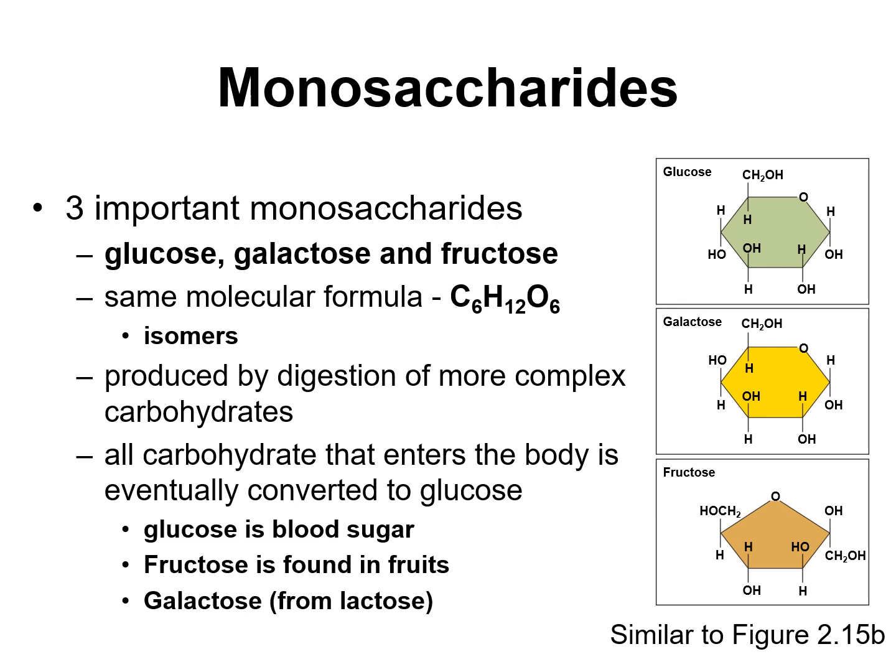And galactose is a monosaccharide that results from the digestion of lactose, which of course is found in milk. So you consume milk, and lactose is a disaccharide, which you'll see shortly.